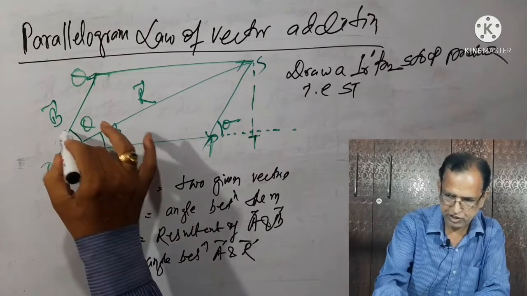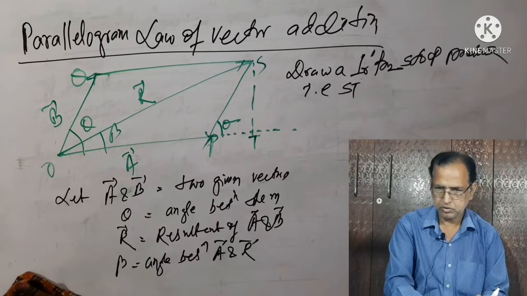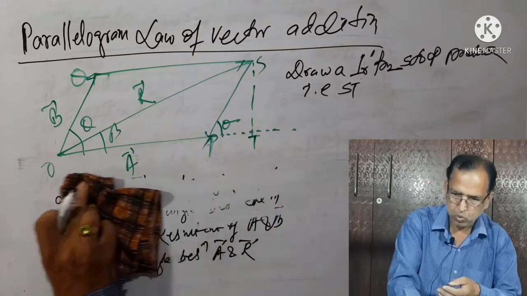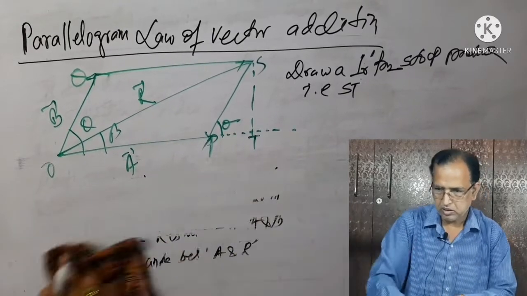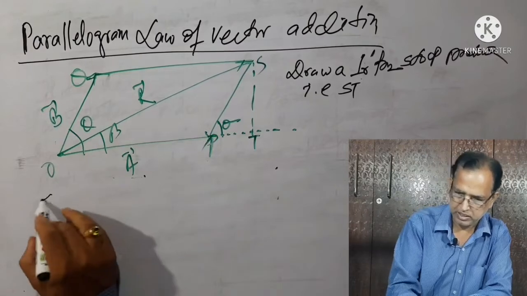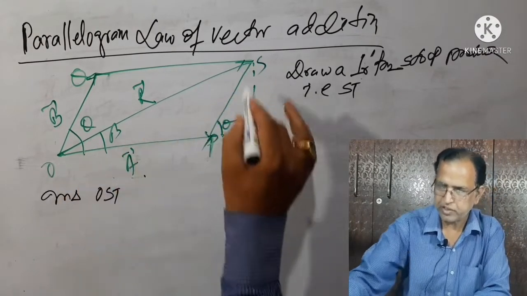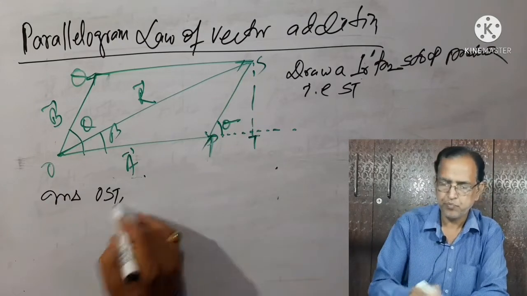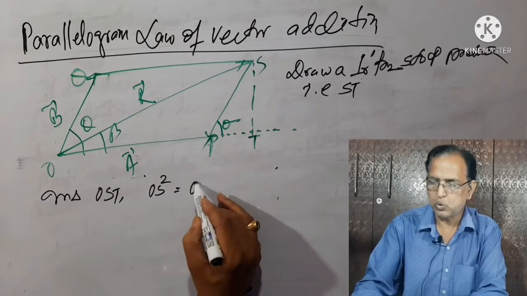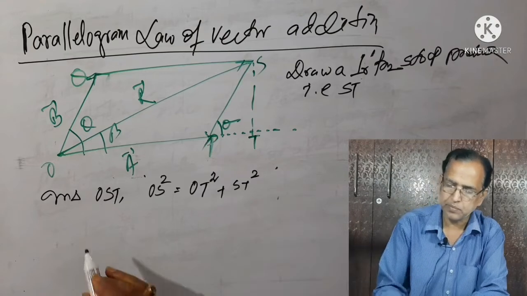So if this angle is theta, this angle is also theta. For magnitude, we use the triangle OST. For the magnitude of R, in the triangle OST, it is a right angle triangle. So OS square is equal to OT square plus ST square.